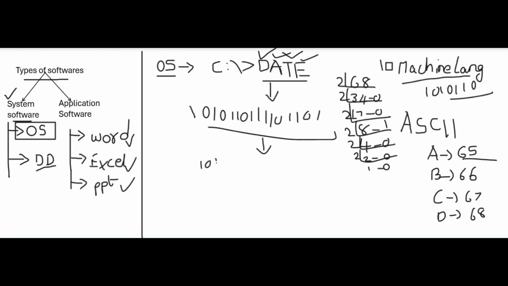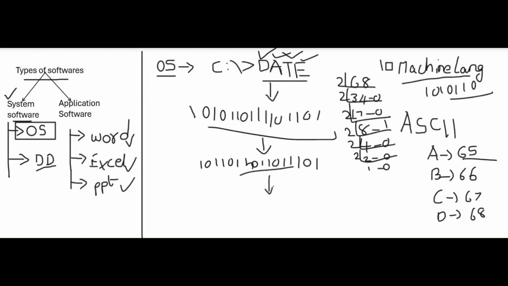Suppose this is today's date. Now tell me, can you understand this? The computer has produced today's date in its own language, which is called machine language. Again, you cannot understand it.